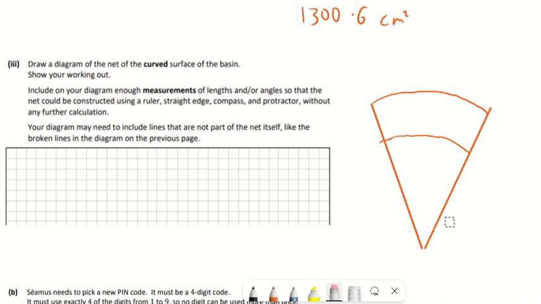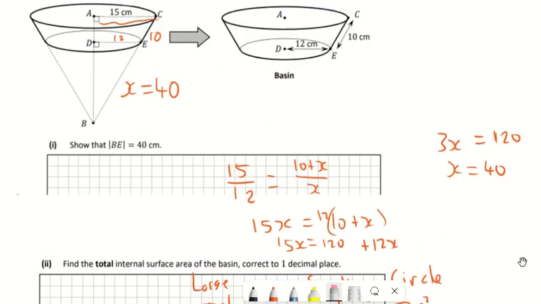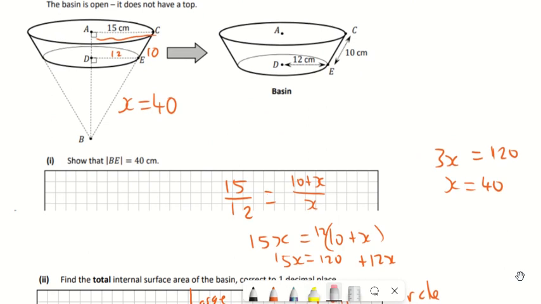So the bottom part isn't really part of it. So that's just there to kind of help you see the basin part. Right, so if you open it out, it should look like that.